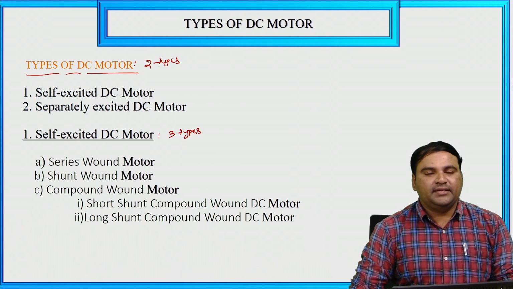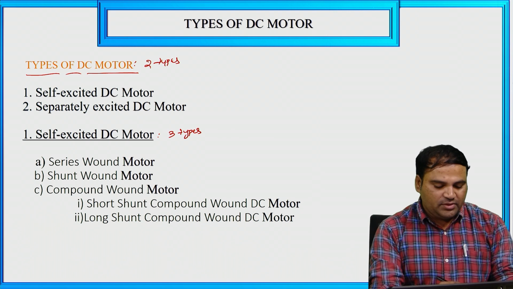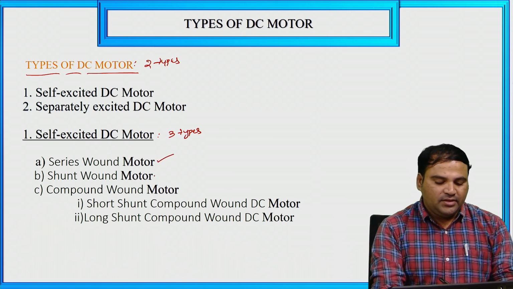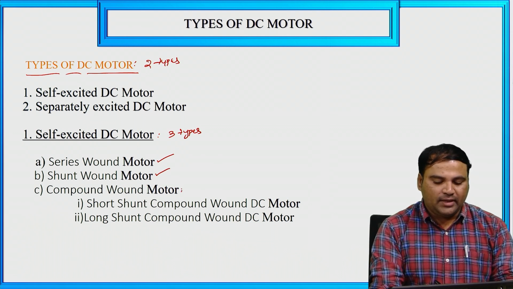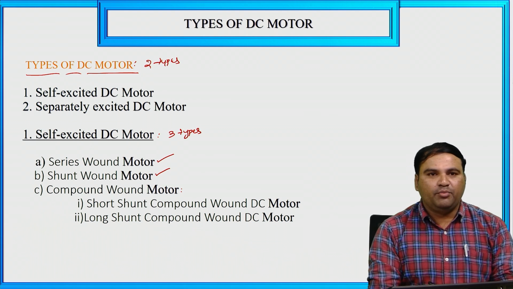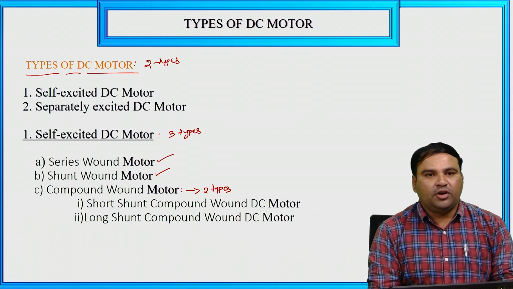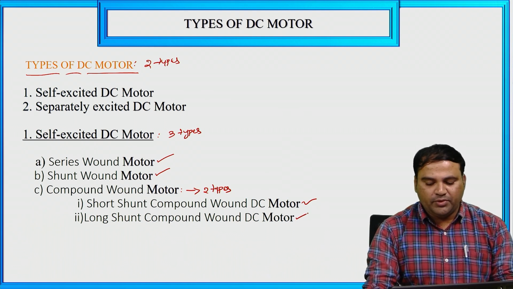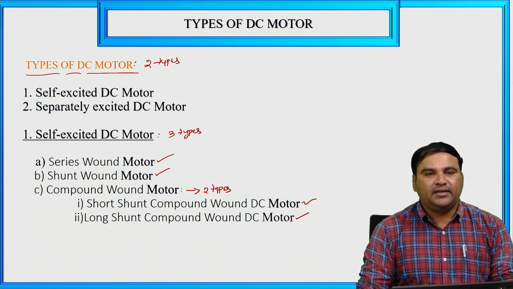The first one is the series wound DC motor, the second one is the shunt wound DC motor, and the third one is the compound wound DC motor. The compound wound DC motor is again classified into two types: the short shunt compound wound DC motor and the long shunt compound wound DC motor. So these three belong to the self-excited DC motor.